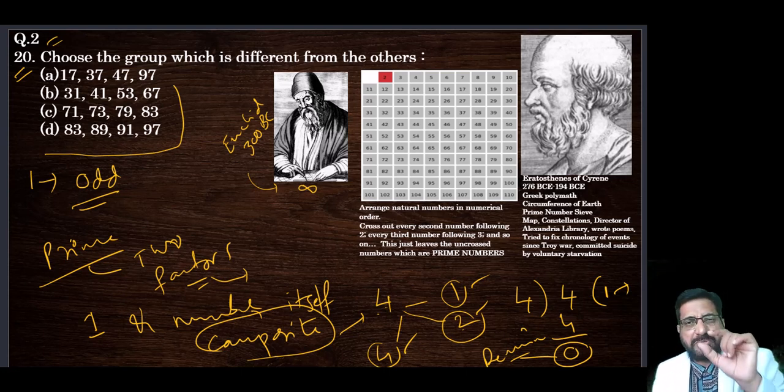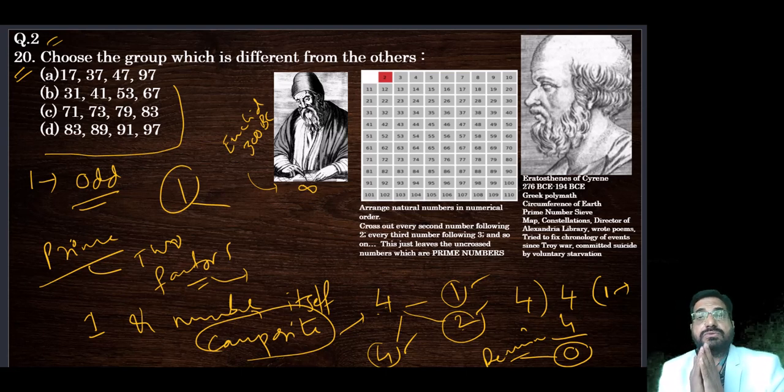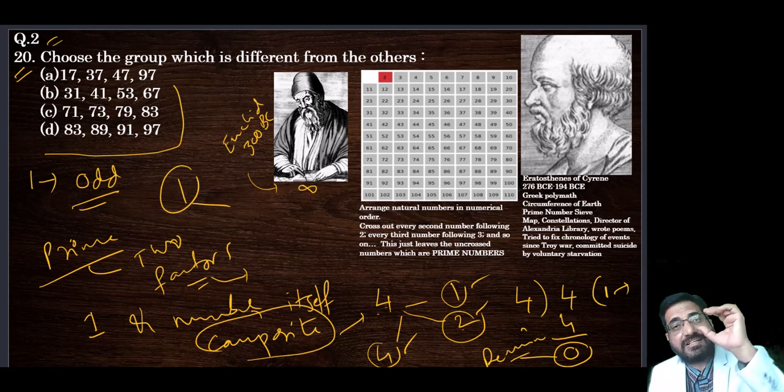So the minimum basic qualification for a number to become prime is that it should have only two factors, 1 and that number itself. If those two characteristics are satisfied, then we can call that number a prime number.